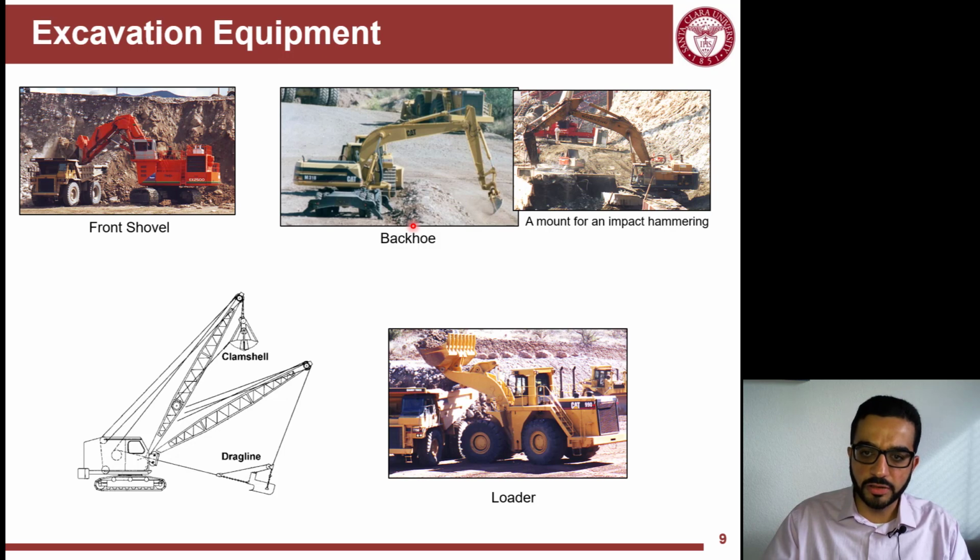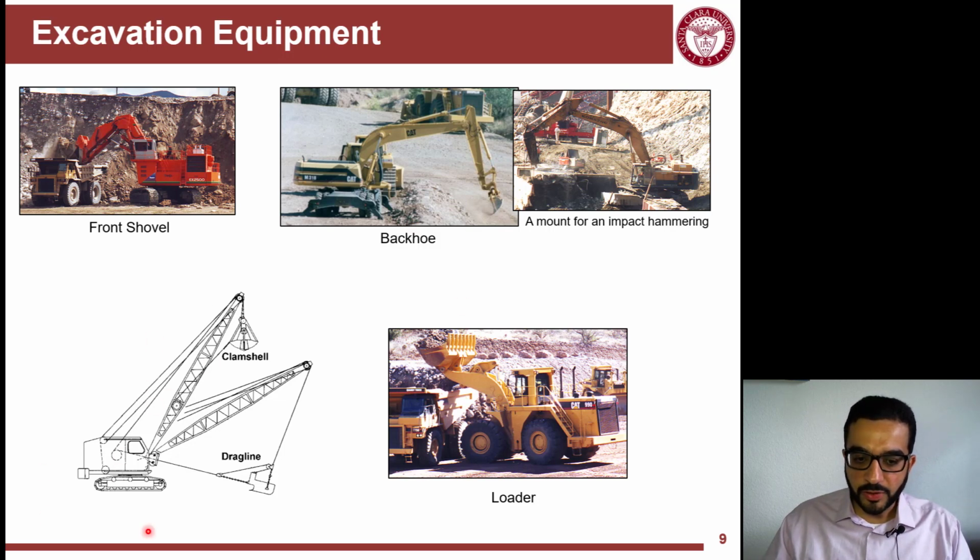Backhoes are also agile. They can change functions based on the attachments. Instead of the bucket, you can have an impact hammer and start using it for taking out structures. It's very, very agile equipment.